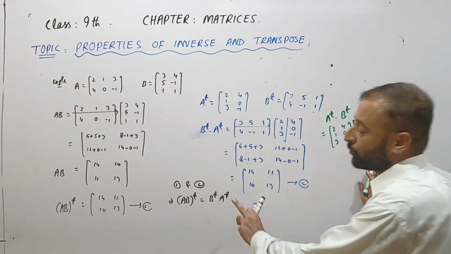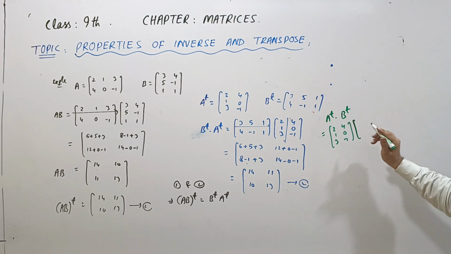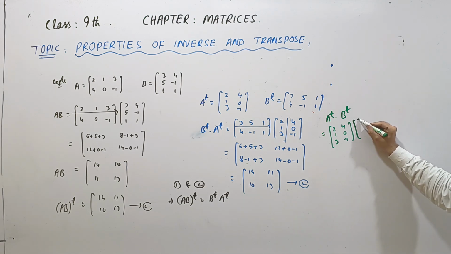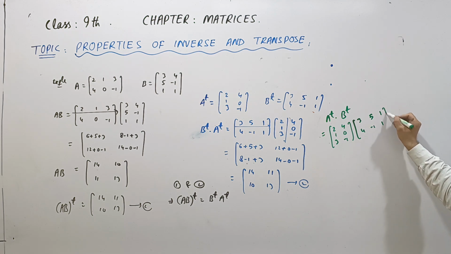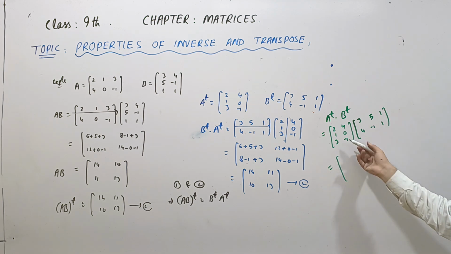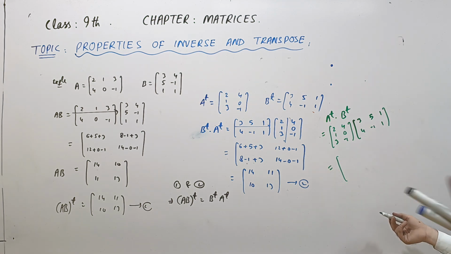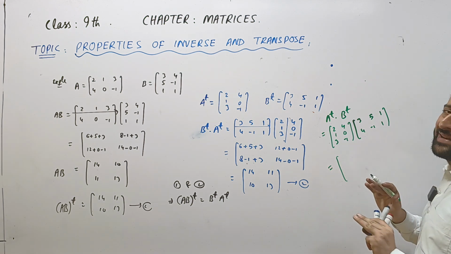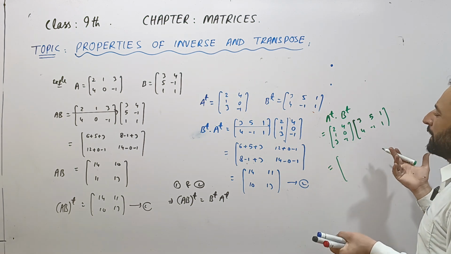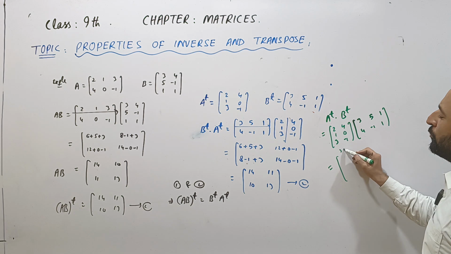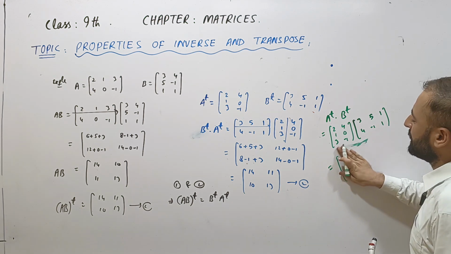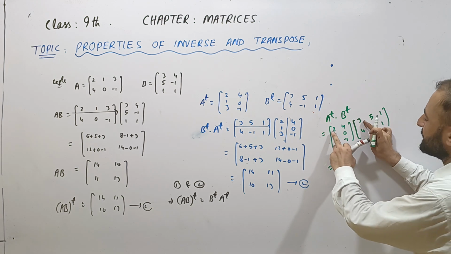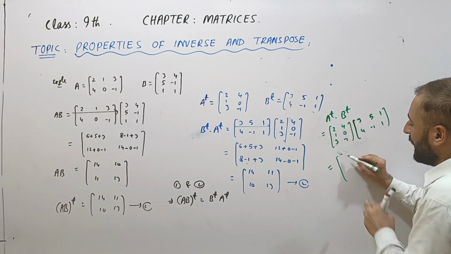(AB) whole transpose will not be equal to A transpose B transpose. You can see this is B transpose, students: 3, 5, 1, 4, minus 1, 1. I hope you know the multiplication. It will give you a 3 by 3 matrix. I have discussed this in detail: it is a 3 by 2 matrix times a 2 by 3 matrix, and 3 by 3 will be the result. I write directly: 6 plus 16 is 19.